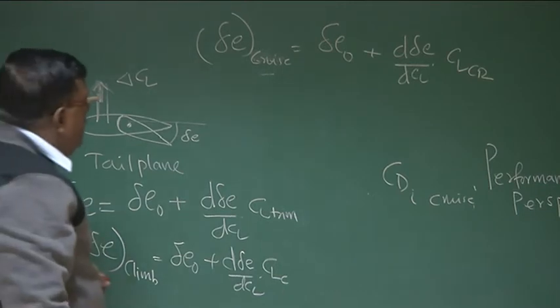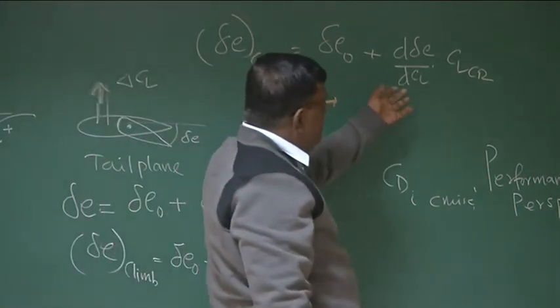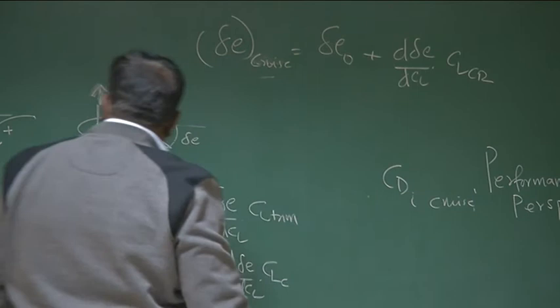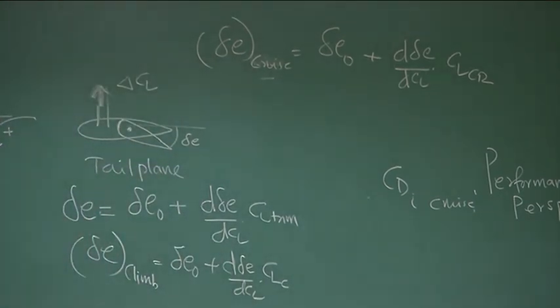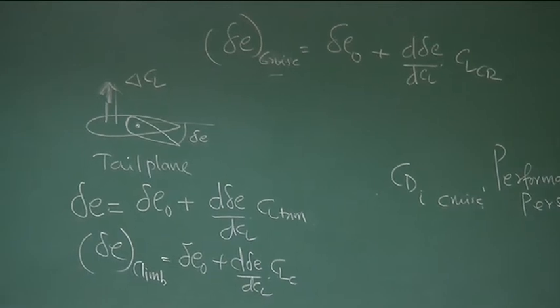Now the next question may come: what is delta E naught, and what is d delta E by dCL? We have also elaborately explained that. Just for revision, because we will be solving problems soon, we need to recapitulate whatever we have done so that we are not lost in equations.